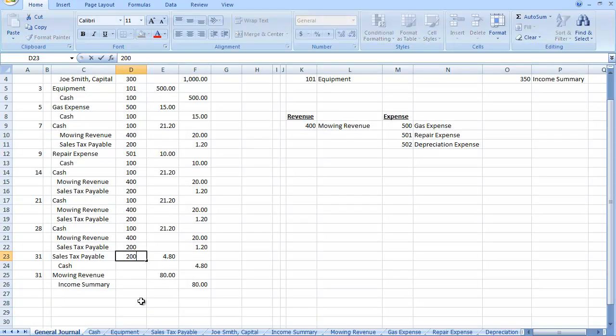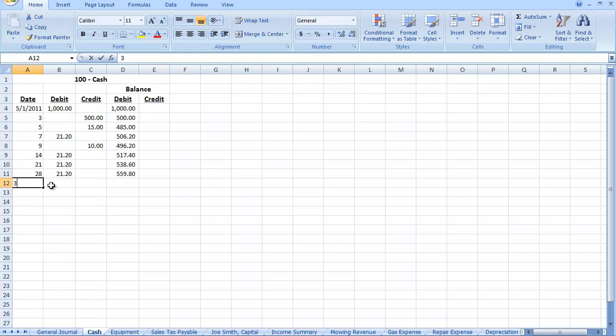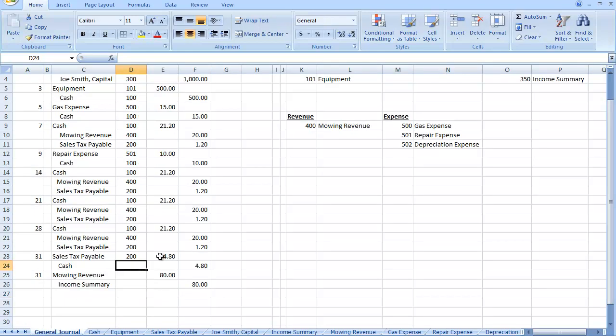And then we'll do cash on the 31st. It's a credit for $4.80. We'll do debit minus credit equals $555 now in our account. So we'll go back to general ledger, and there's 100 for the reference for posting.